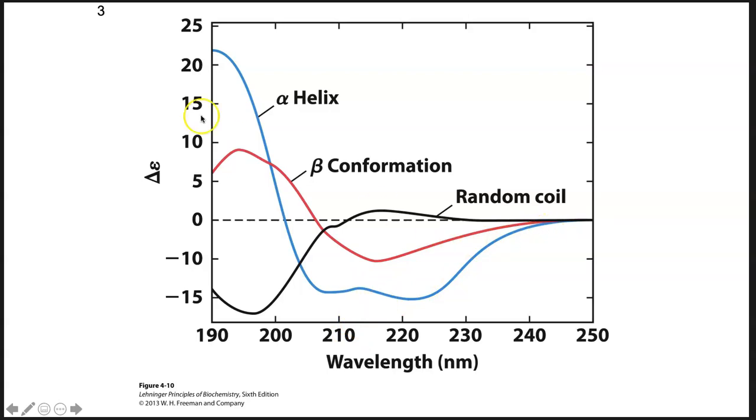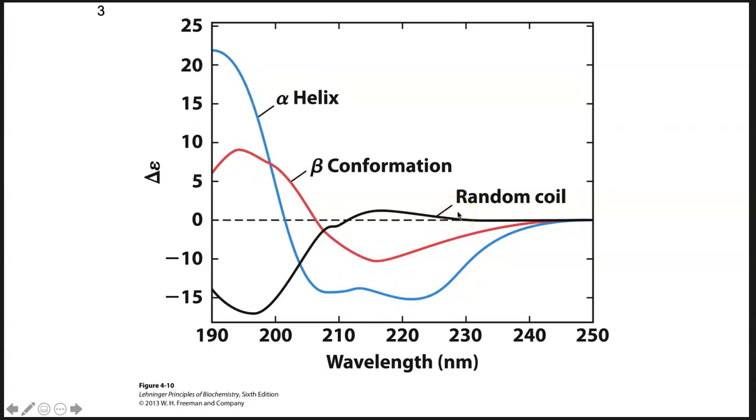This is kind of characteristic for an alpha helix. And then for a beta conformation, this peak shifts a little bit, so it's closer to 195. It's not quite as high as the alpha helix, and then you don't have this double trough here.